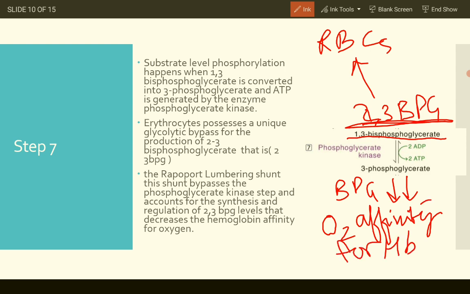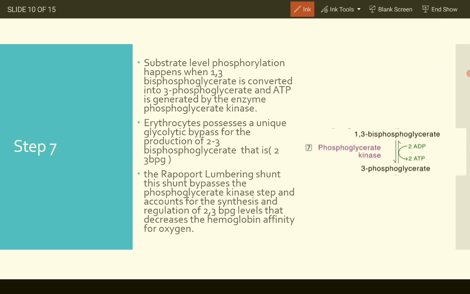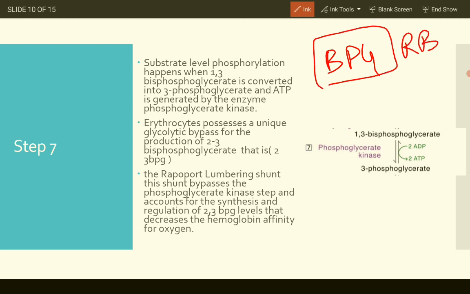As you know, RBCs carry hemoglobin, which combines with oxygen to carry it throughout the body. Now the function of BPG is to reduce the affinity of oxygen for the hemoglobin in RBCs. So it has an important function within the RBCs.